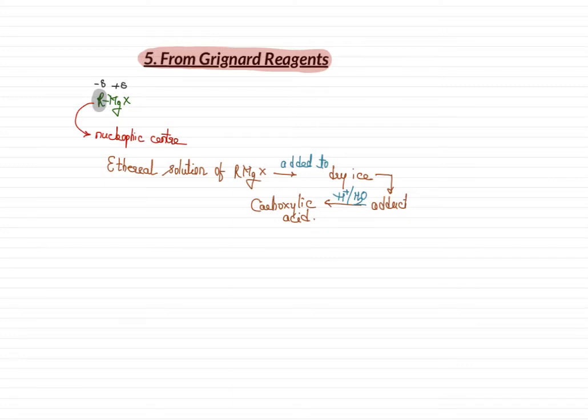So now let me show you how it goes. So we take any Grignard reagent like RMgX and we allow it to react with carbon dioxide.